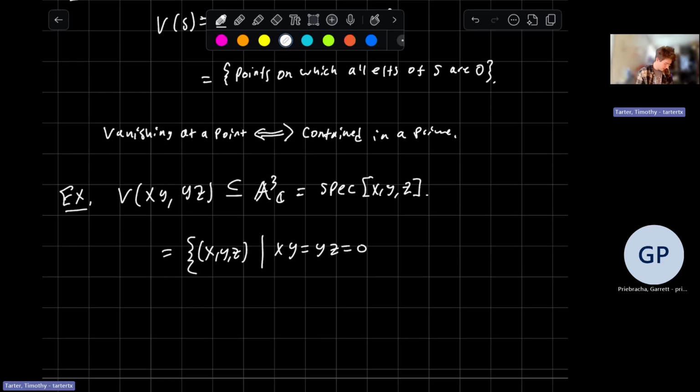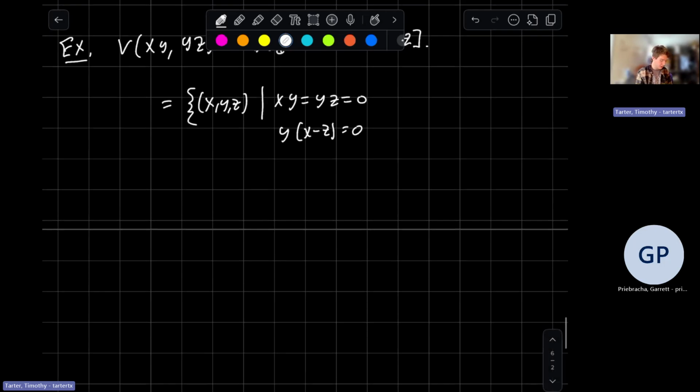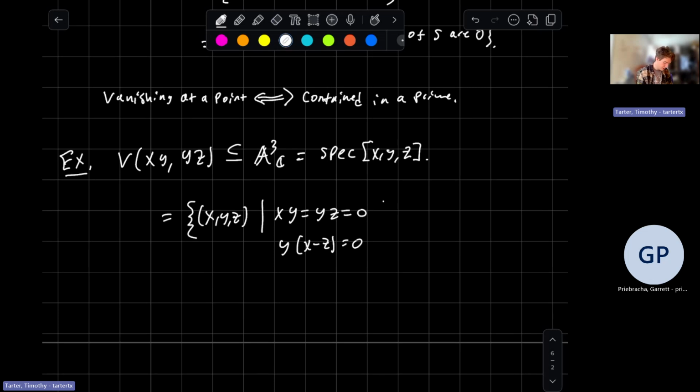This is the same thing as saying that y times (x minus z) is equal to 0. So this is the set of all points where y is equal to 0 and/or x equals z.